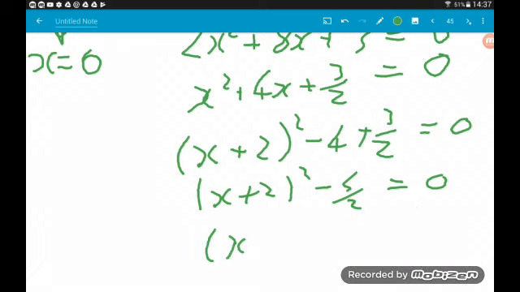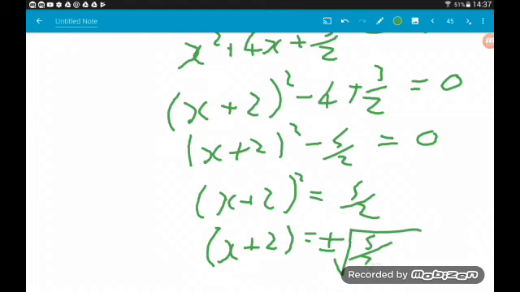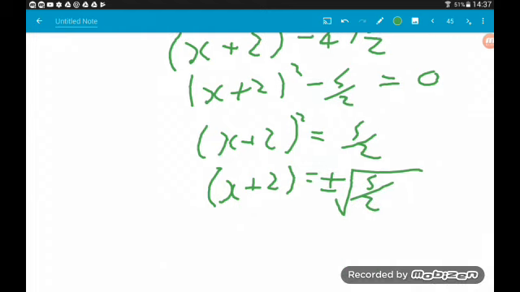Now we've got x plus 2 squared is equal to 5 halves. If we square root both sides, x plus 2 is equal to plus or minus the square root of 5 halves. Then finally take away the 2. x equals minus 2 plus or minus the square root of 5 halves.